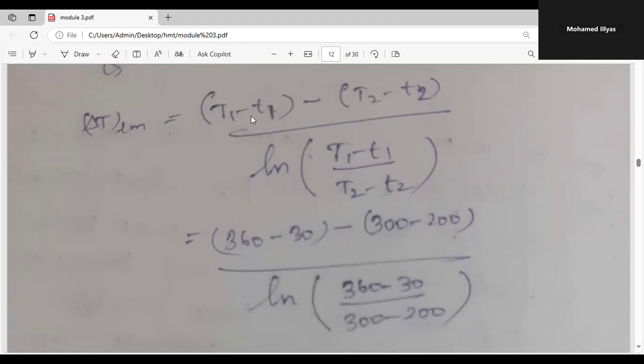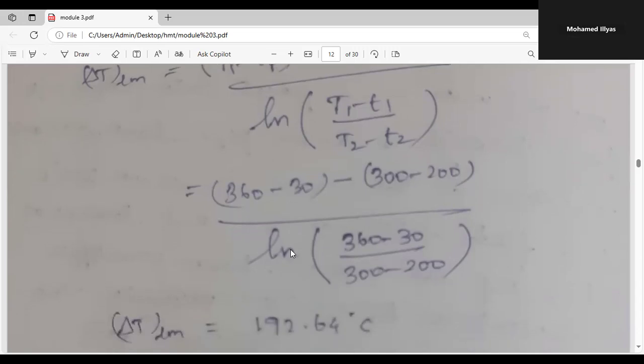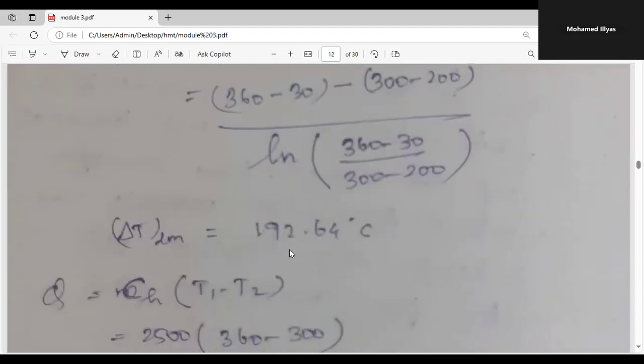We have all four temperatures here and we have substituted the hot fluid inlet and outlet and also the cold fluid inlet and outlet temperatures. Substituting the values, we get the logarithmic mean temperature difference for this parallel flow as 192.64 degrees Celsius.